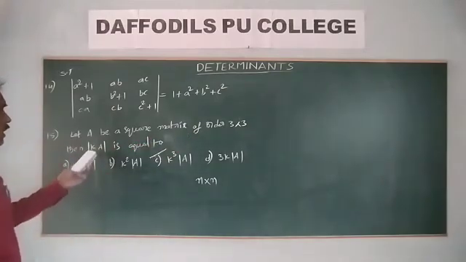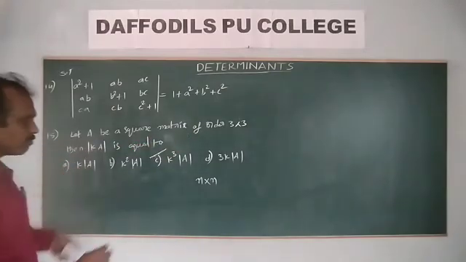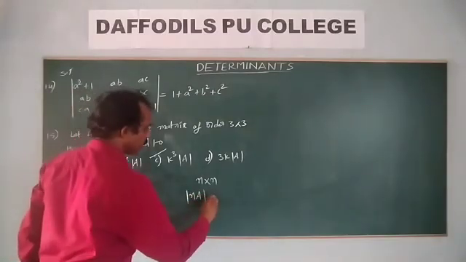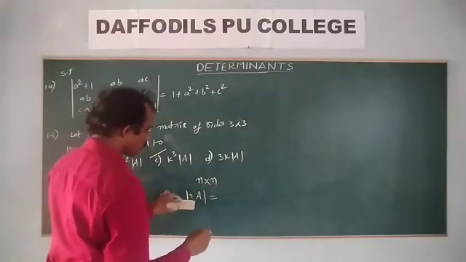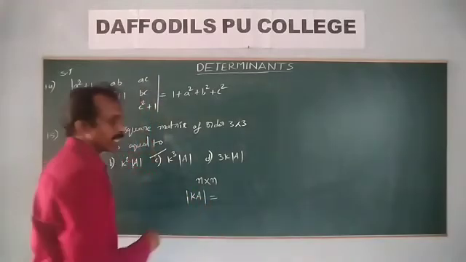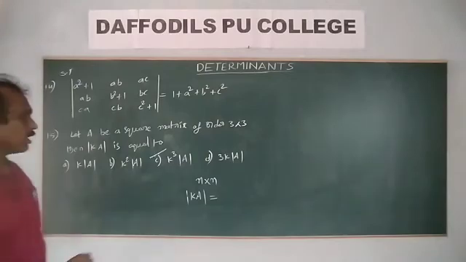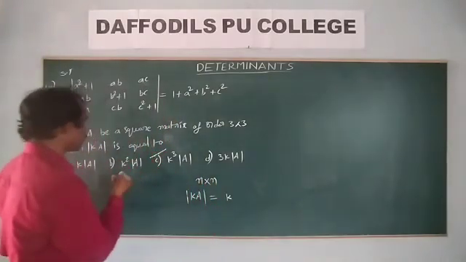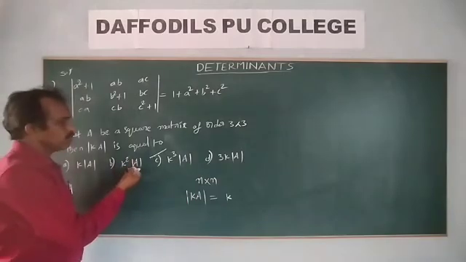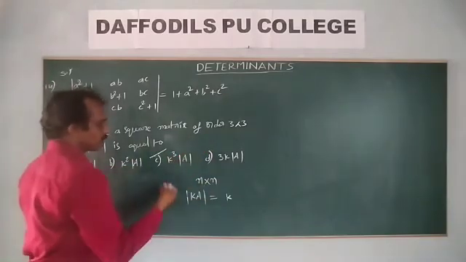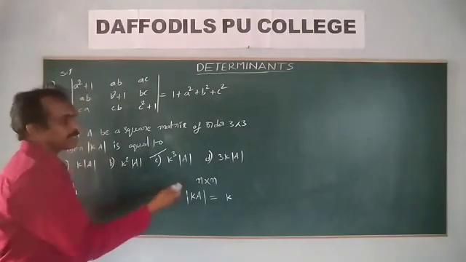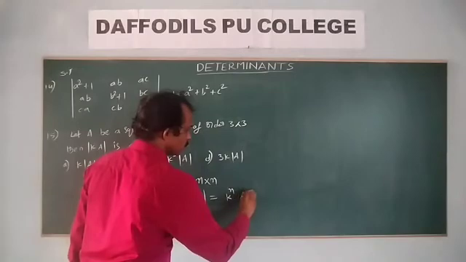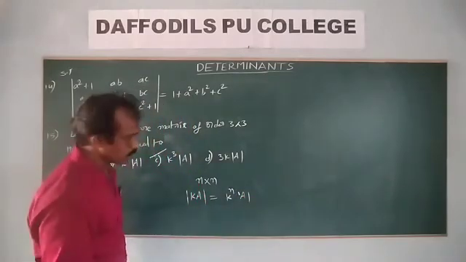Then the determinant of kA, with n by n, means n times we can take common. That is k power n into det A.